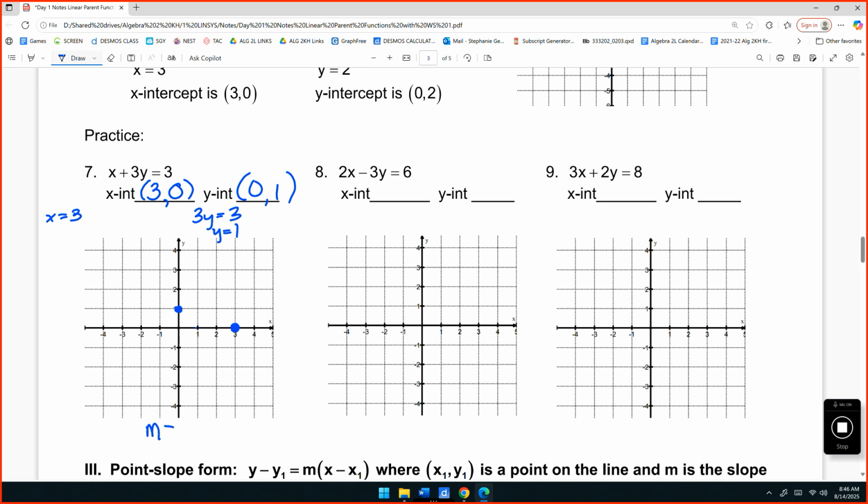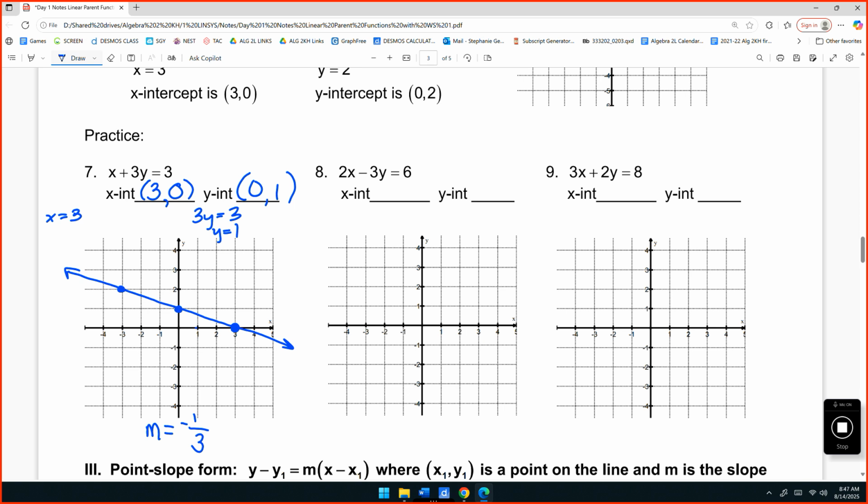I'm just going to make a note here that my slope is negative 1 over 3. And then if I know that, I can continue plotting more points. So I can't really put any more points to the right, but I can go up 1 and left 3 and get 1 more point so that I fill my grid.